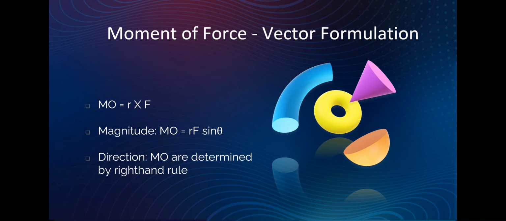So the formula is MO is equal to R times F. R is basically the distance, if I'm not mistaken. So the magnitude is MO is equal to RF sin theta, and the direction depends on the right hand rule. So simple for us to remember.